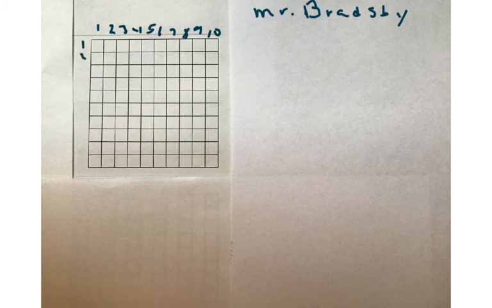1, 2, 3, 4, 5, 6, 7, 8, 9, 10. So there's 10 across and 10 down. So we could multiply the 10 times 10. Or we could count by tens even.